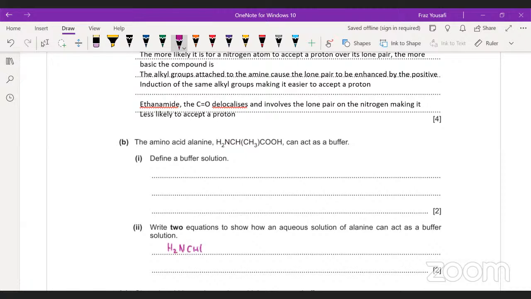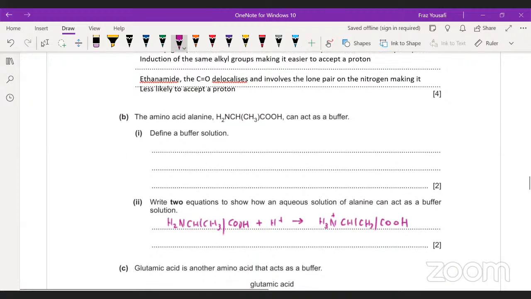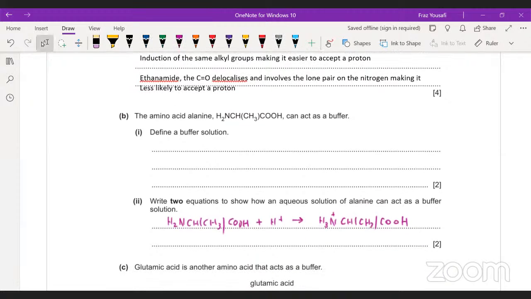Let's say that I take this alanine structure and I react it with H plus ions. This basic part of the molecule will immediately attach the proton onto its structure and use up the H plus. So there's no longer H plus, and pH can't go any further down.